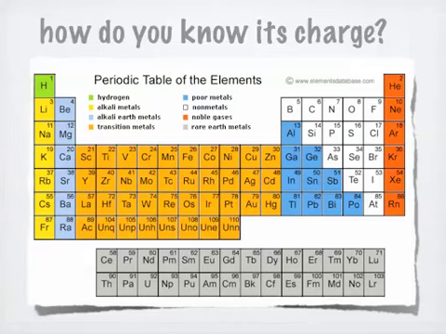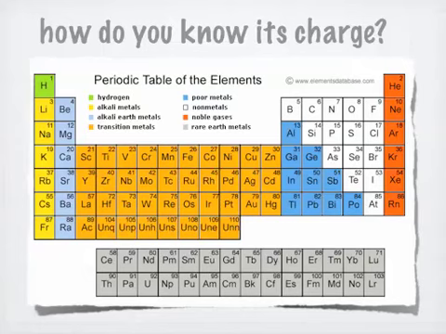So let's say, for example, I give you potassium right here. You say, hey, potassium's in the first column. So that means it has 1 valence electron on its outer shell, and it hates that electron, so it's going to lose it. So potassium will have a positive charge as soon as it gets rid of that negative electron.